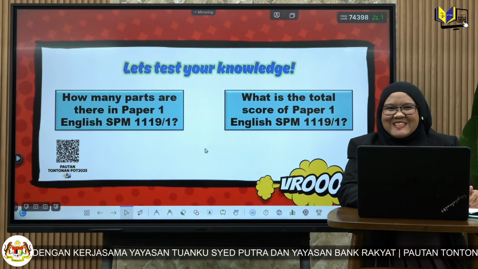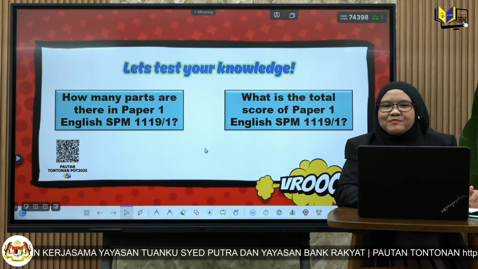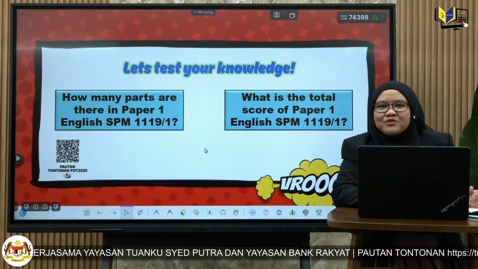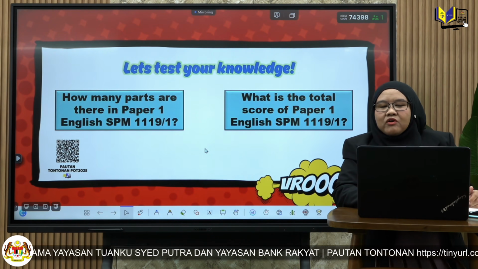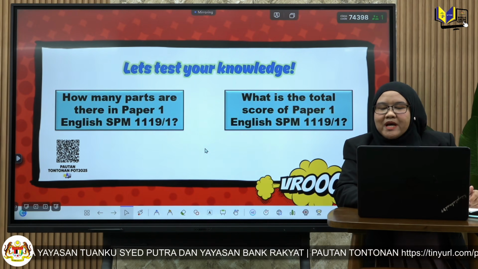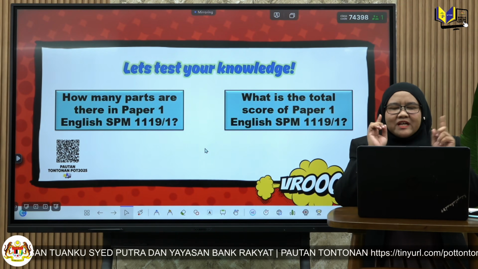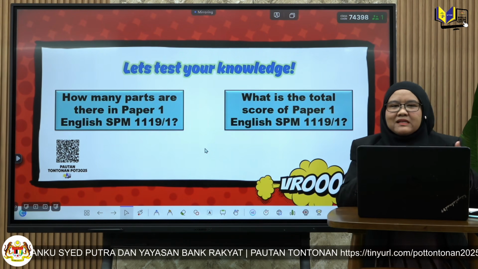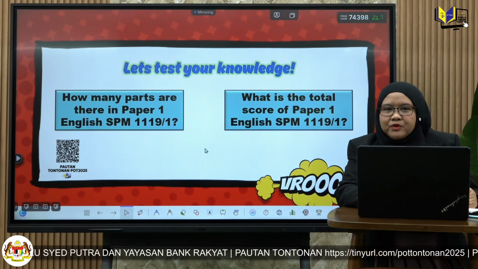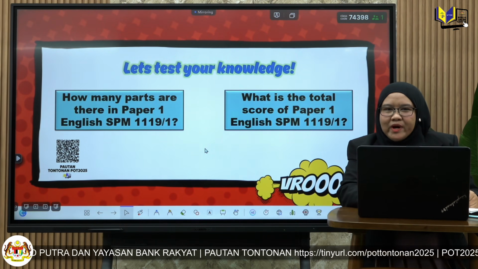Let's test your knowledge. How many parts are there in Paper 1 English SPM 2019/1? And what is the total score of Paper 1 English SPM 2019/1? Try to think a bit. You might remember this, because this is important. It will help you put your target on what you want to achieve for Paper 1.